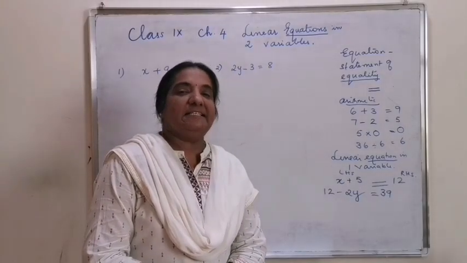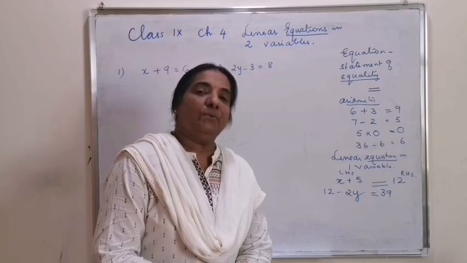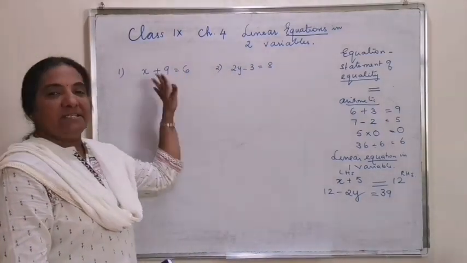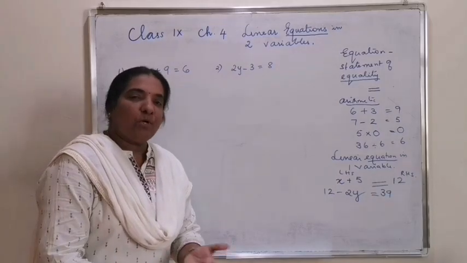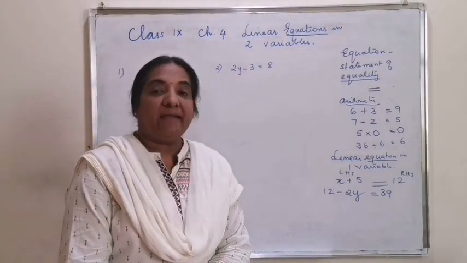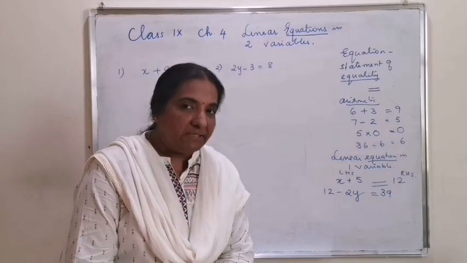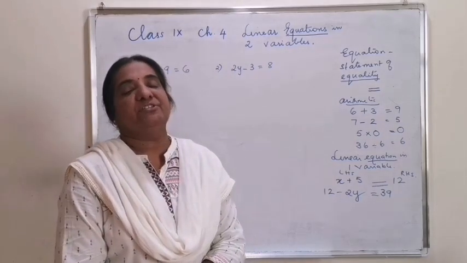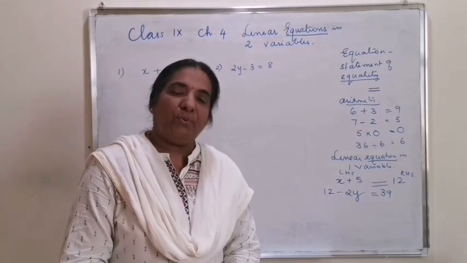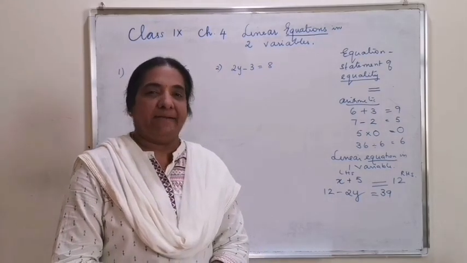Consider the example of a linear equation in one variable, x plus 9 is equal to 6. What is the meaning of it? When 9 is added to a number, the resulting answer is 6. How do you know which number has to be added?